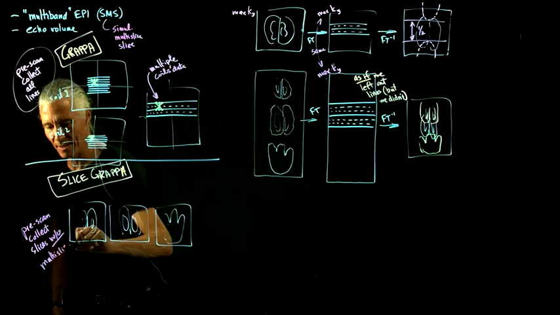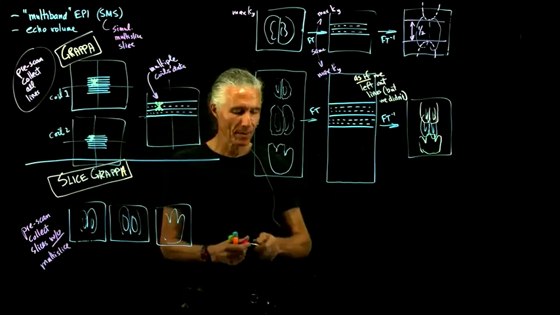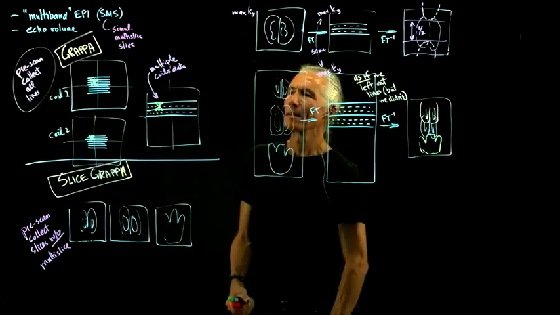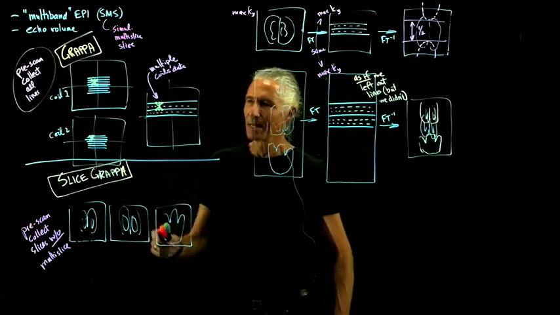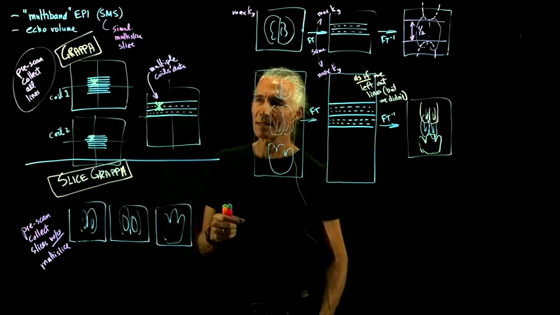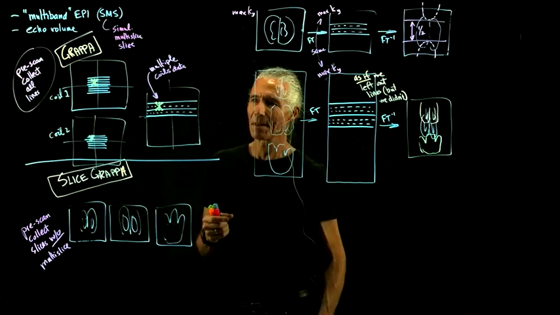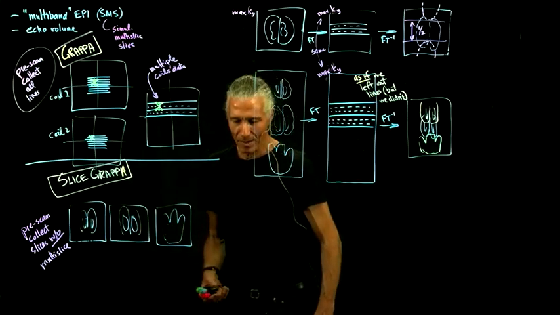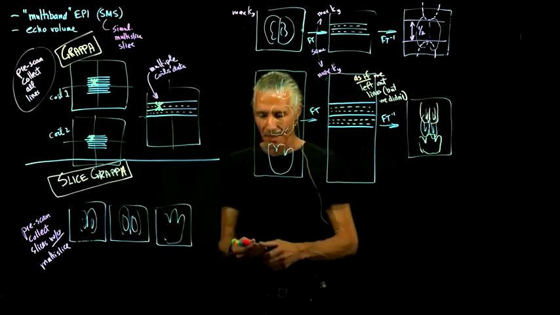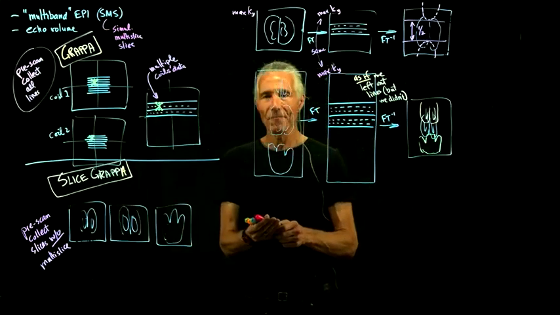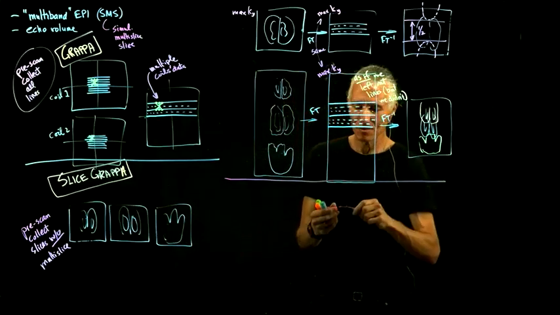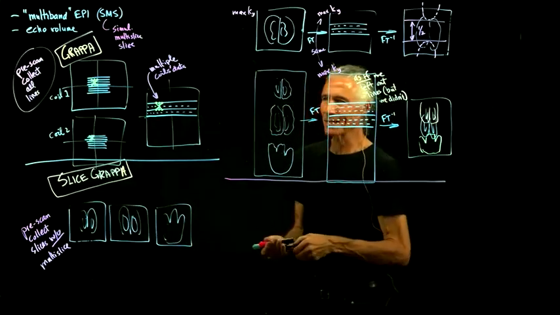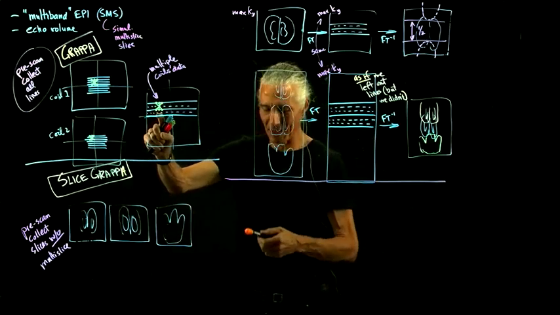When you run one of these scans, for about the first 10 seconds we essentially collect data without the multi-slice turned on. And then we can construct multiple k-spaces using something that's sort of like grappa.